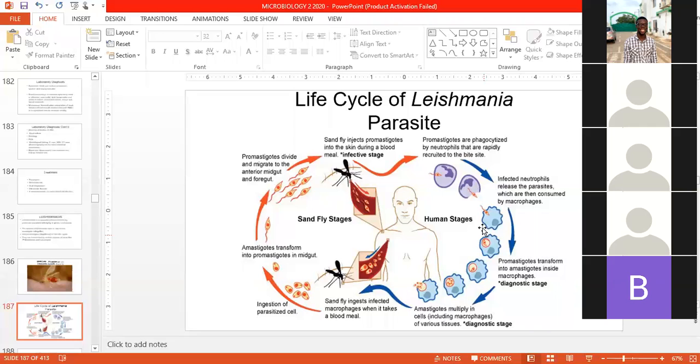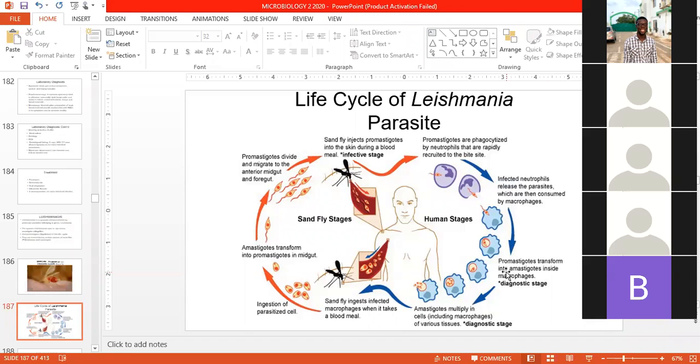However, they don't destroy the parasite, but rather serve as a home for growth of the promastigote. So instead of the macrophages defending the body, they provide a conducive environment for the promastigote to be transformed into an amastigote. That means it is going to lose its flagella.